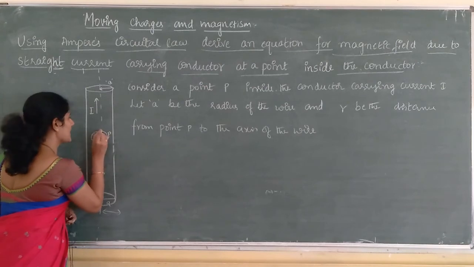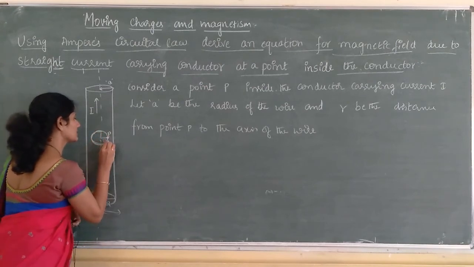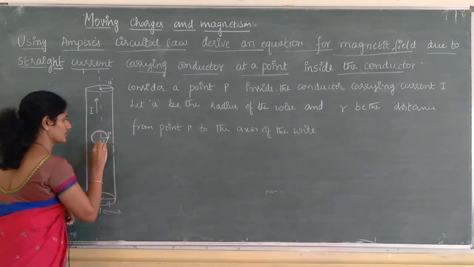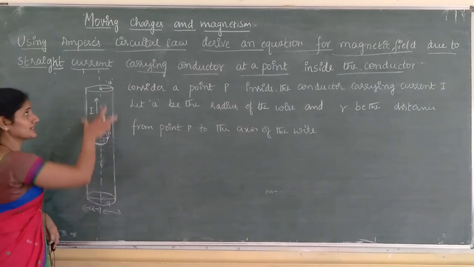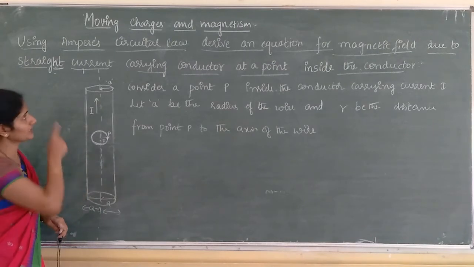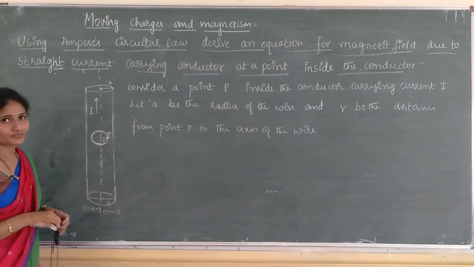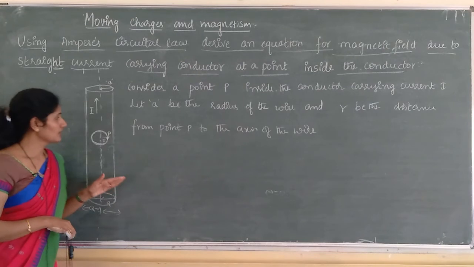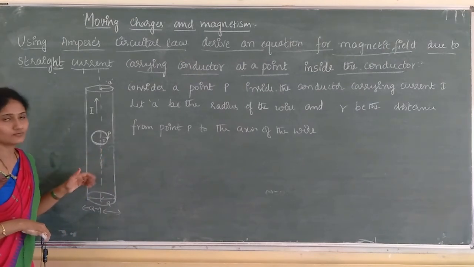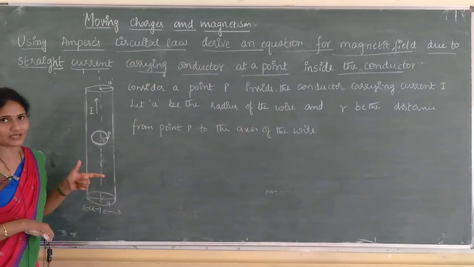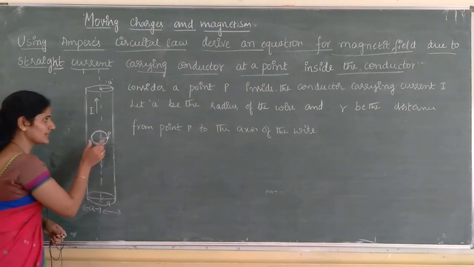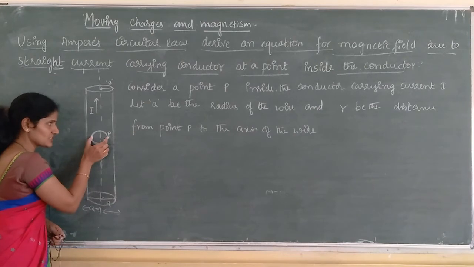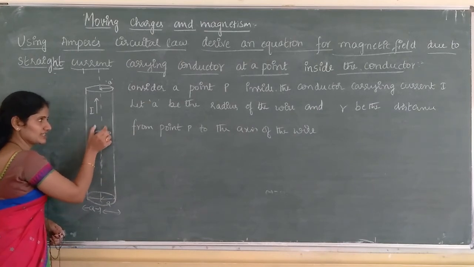But the Amperian loop is this one. So, this is the current I through the whole conductor. But according to Ampere's Circuital Law, the line integral of B dot dl for a closed curve is mu naught times the current which is enclosed in the curve. The current enclosed in the curve is only this much. So, this is the current which is enclosed in the curve.